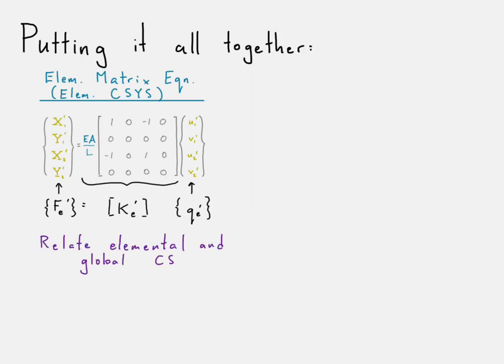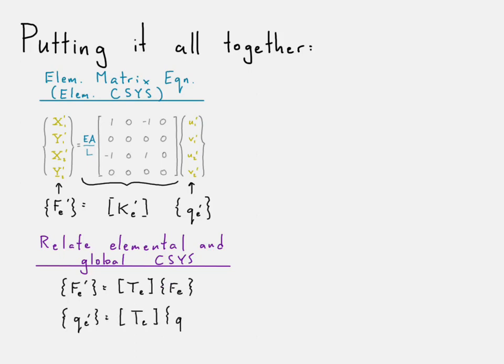And we can relate the elemental and global coordinate systems using that transformation matrix for both forces and displacements. And so if that's true, we can now transform our elemental stiffness matrix from the elemental orientation to the global orientation.